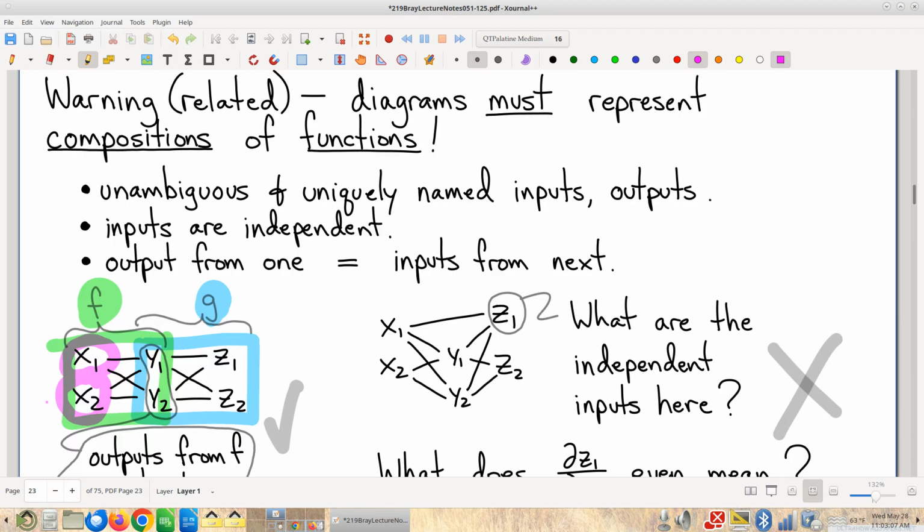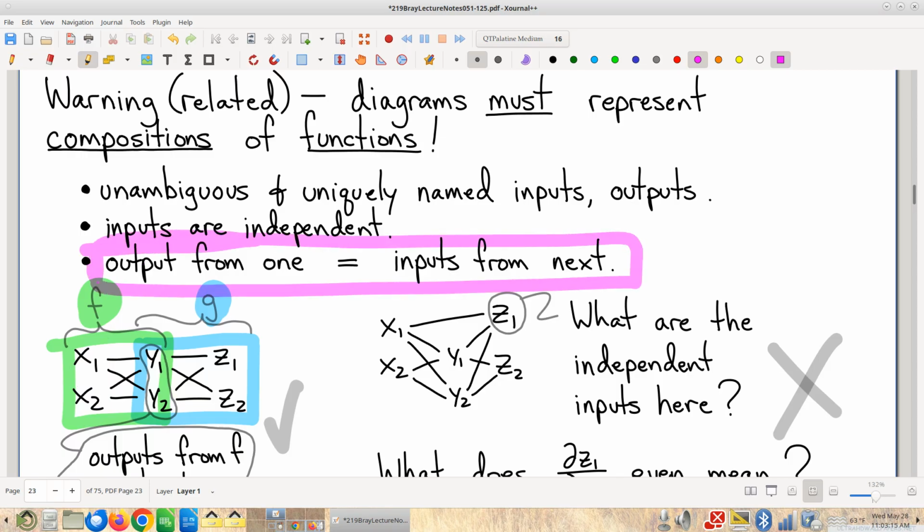Go ahead, no problem. And this requirement right here, in fact, let me do it like this: the variables that are the outputs from the first function are the inputs for the second function. Right? So various little observations you can make when you have an actual composition of functions.